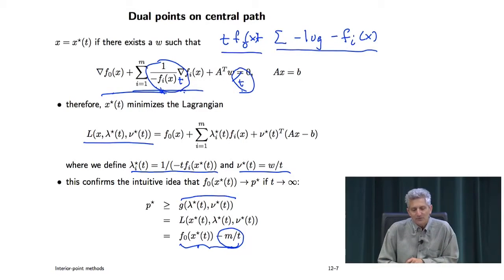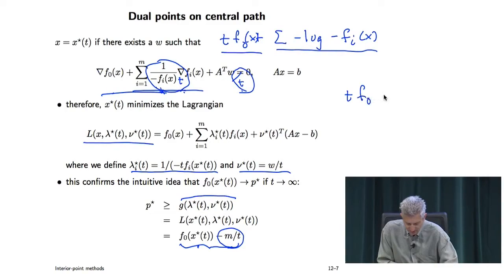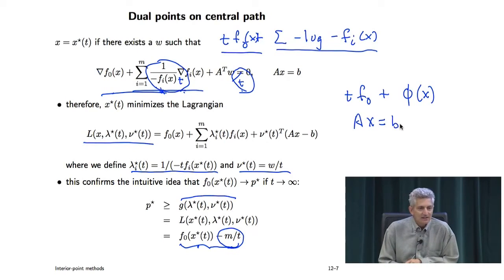So that says, if you minimize t f0 plus this log barrier of x subject to Ax equals b, then it says two things will come. When you run the Newton method or whatever from that, there'll be two things returned: an x, which is strictly feasible, and a pair of dual feasible vectors, lambda and nu.